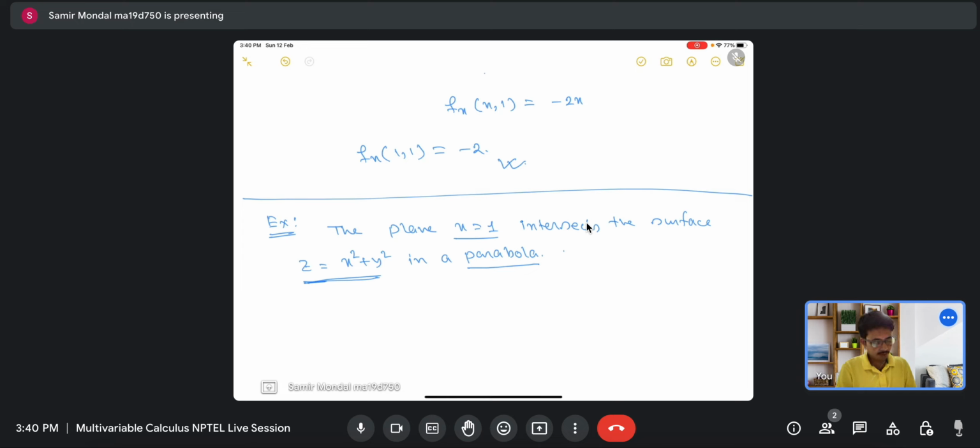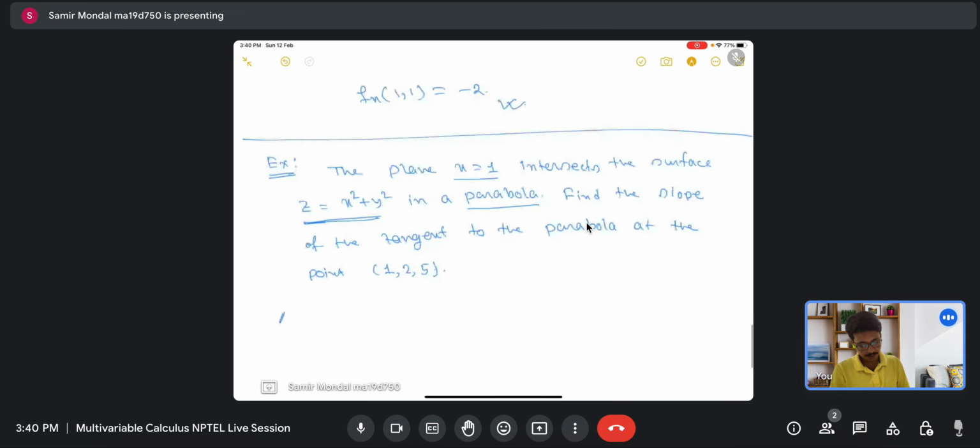So you have to find the slope of the tangent to the parabola at the point (1, 2, 5).